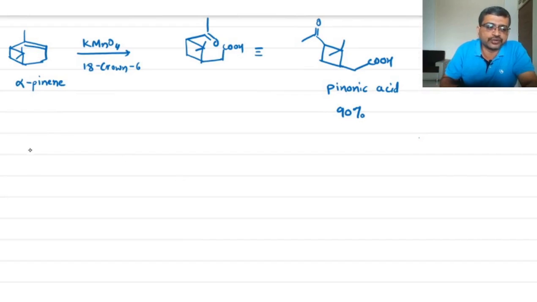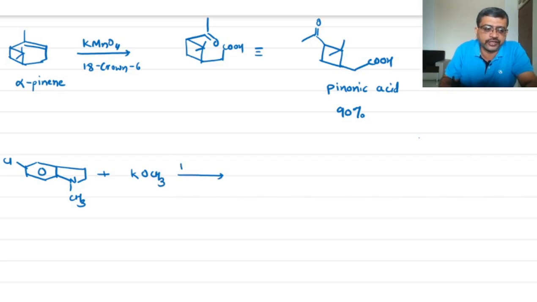Similarly, aromatic substitution reactions have also been reported, for example, in this, if we are using potassium methoxide in presence of 18 crown 6, we will get the substitution reaction where the chloro group is substituted by methoxide ions.